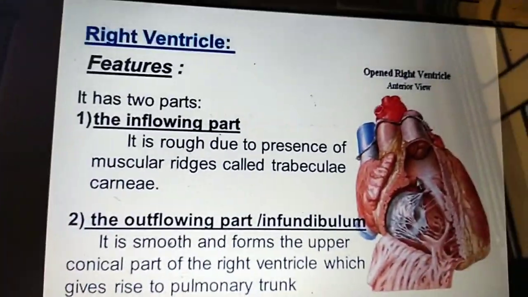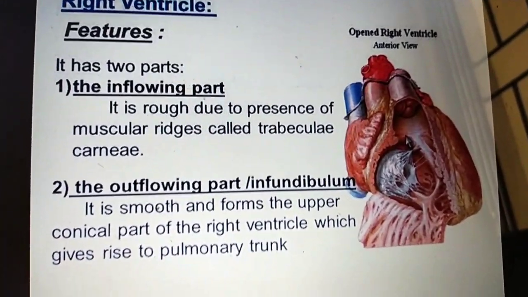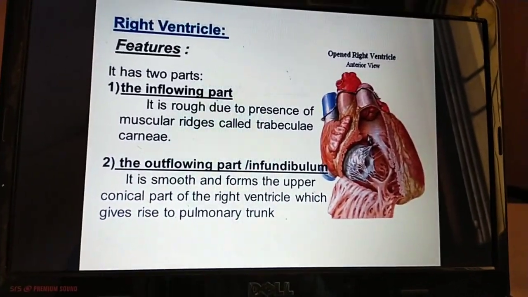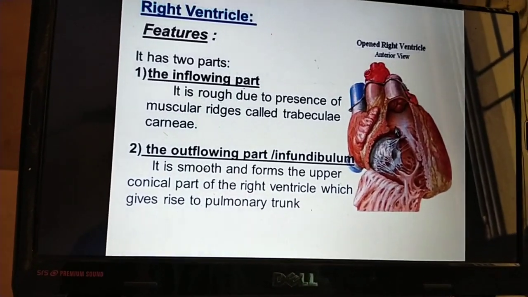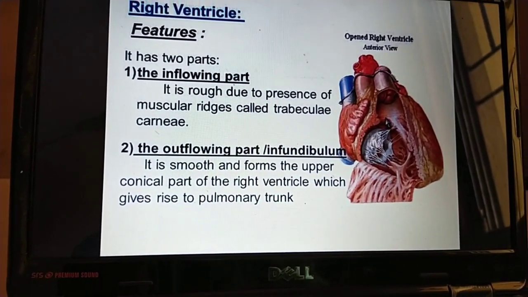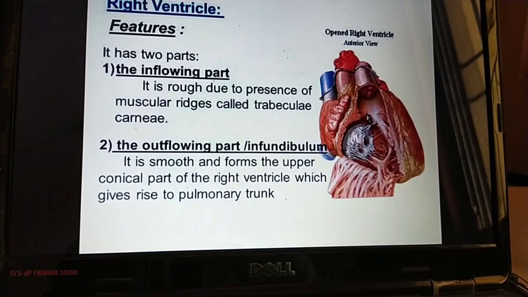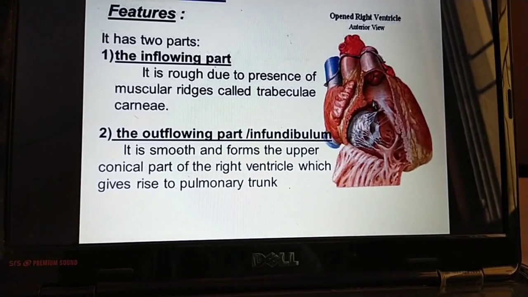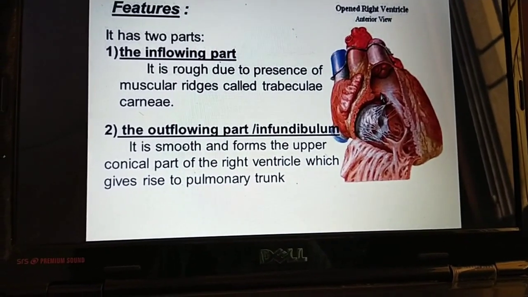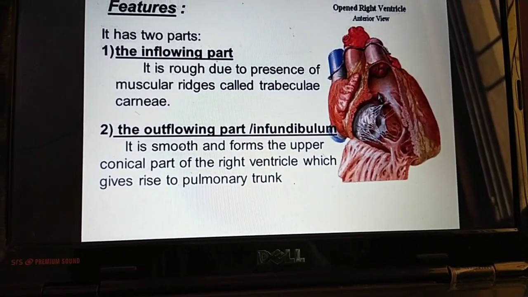Heart has two tracts or two parts. One is the inlet tract or the outlet tract, or inflowing part or outflowing part. The inflowing part is always irregular and rough, and the outflowing part is always smooth.